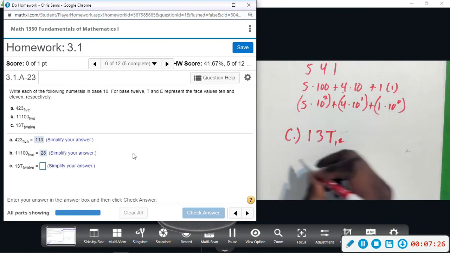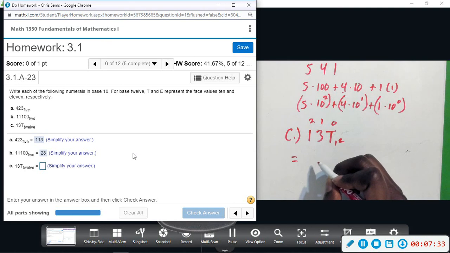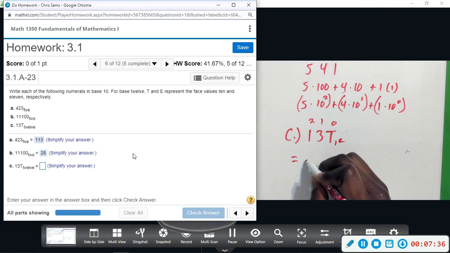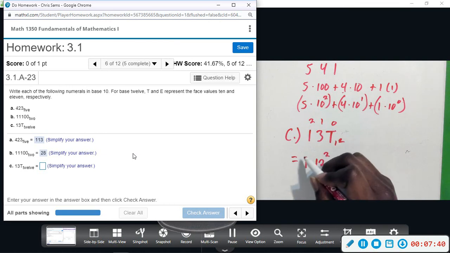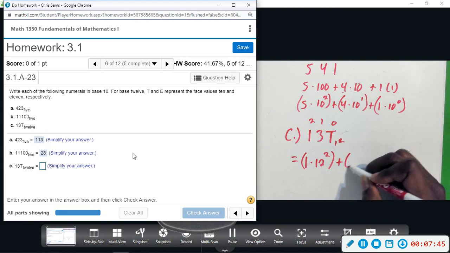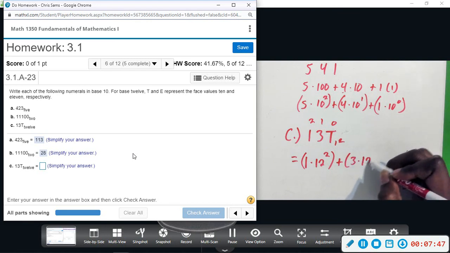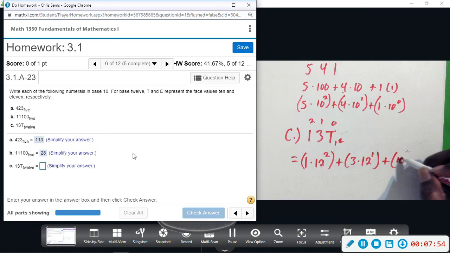Okay, so expanding this out, it will be 0, 1, 2. Okay, so I would have 1 times 12 to the second power plus 3 times 12 to the first power, and then plus 10 times 12 to the 0 power, which is just 10 times 1.